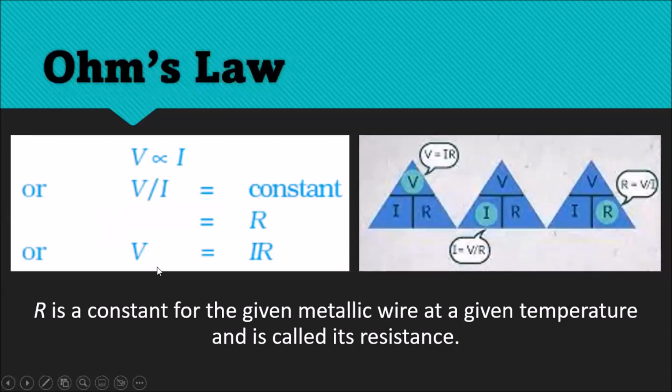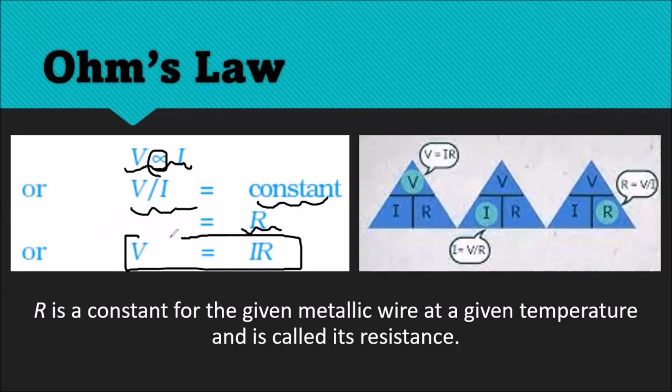When we go to the next page, as per Ohm's law, potential difference is directly proportional to current, and as it is directly proportional, V upon I will be equal to a constant. The constant we substitute in place of the constant of proportionality is R. So V equal to IR is one of the prominent and very important formulas for this academic year, also termed the formula for Ohm's law, where R is a constant called resistance.